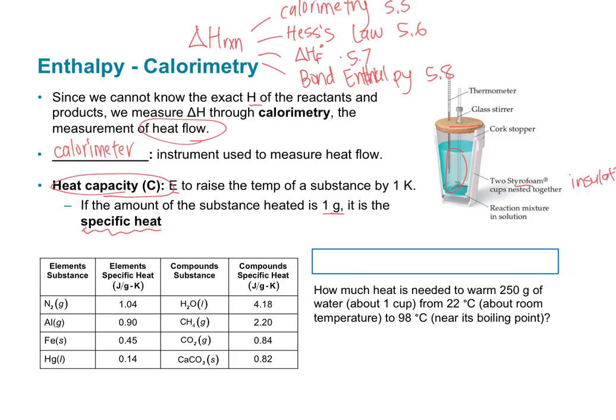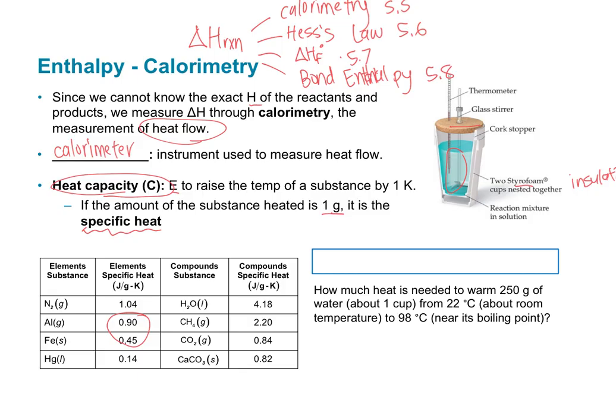If you've ever tried to boil water, you know it takes a long time. It takes a lot of energy to heat up water. But something like aluminum or some other types of metals, maybe you put a pan on the stove, immediately it becomes very hot, and that's because metals have a very low heat capacity.